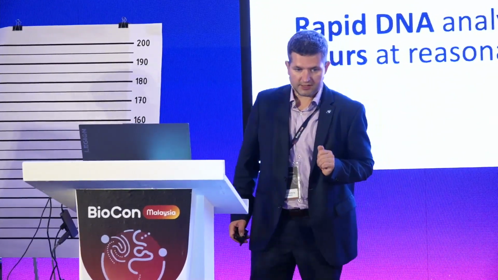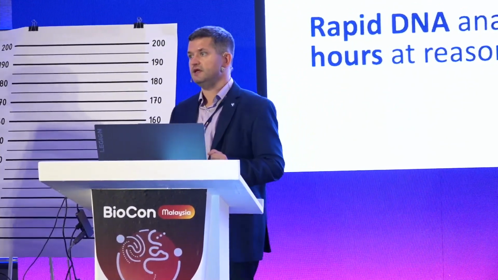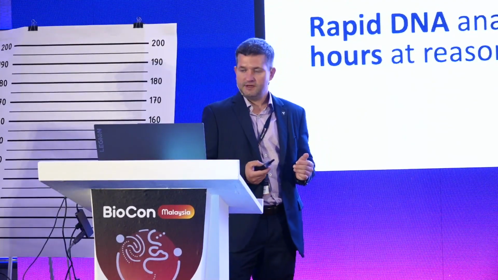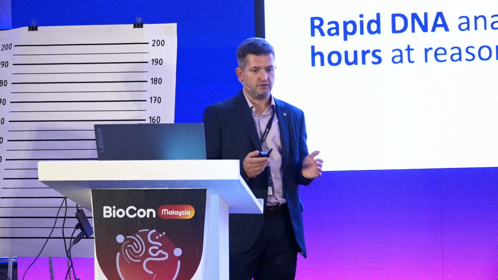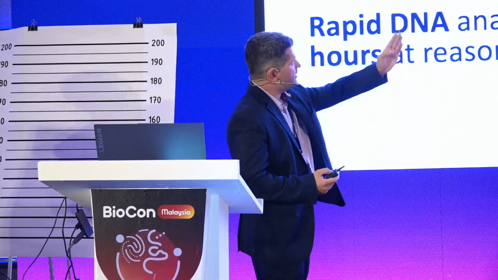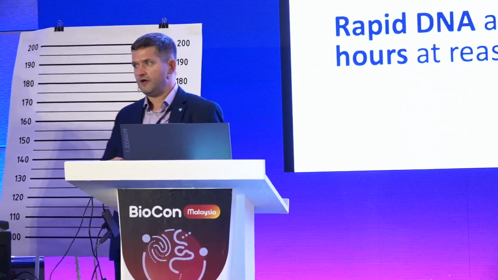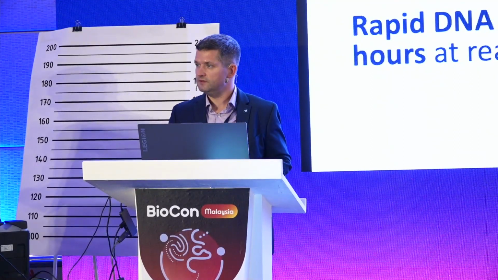What is also interesting is that there was a significant progress in the DNA analysis, and this is not something that Biometrics did. There are other companies which are leaders in this domain, and we just use their products. The one here is from the company called Andy. There is another one from Thermo Fisher, I think, and they provide so-called rapid DNA analysis. Why is this important?